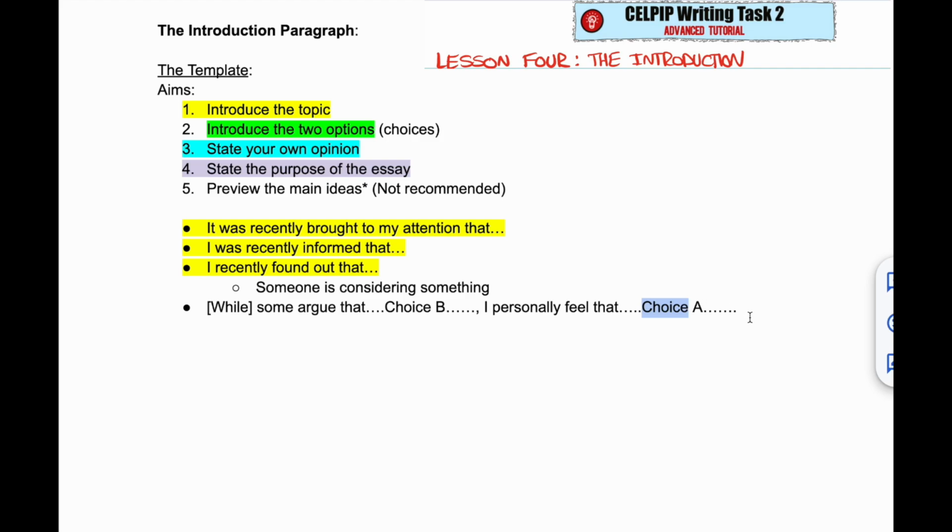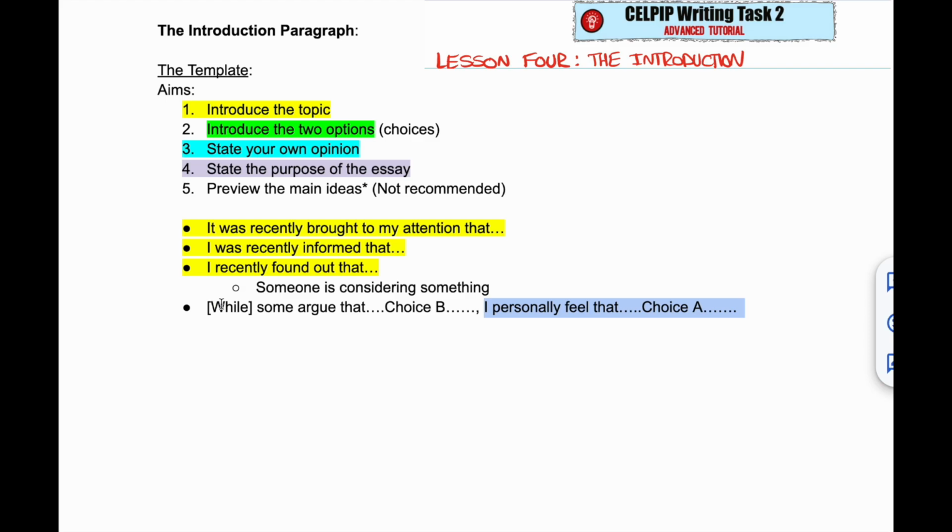For instance, you could say something like, while some argue that schools should mainly focus on teaching subjects that are useful for finding a job, I personally feel that traditional subjects must be kept in the curriculum.